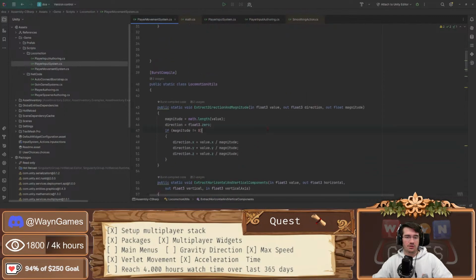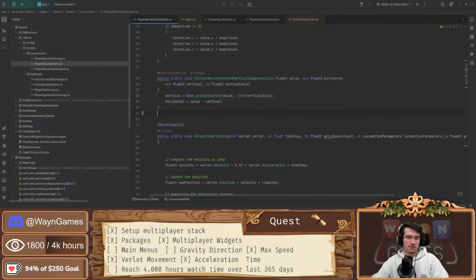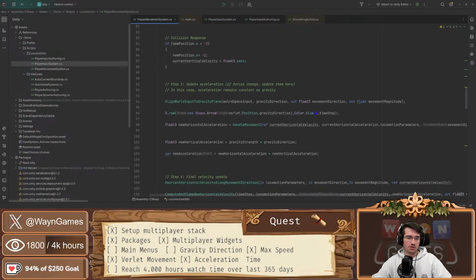And yeah, this one is not working because... why is it not working? It's normal that my input is in world space. There is an issue with my projection.